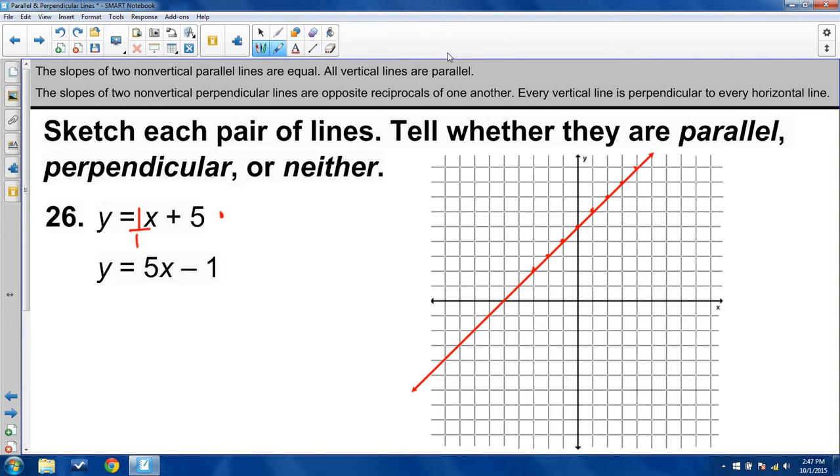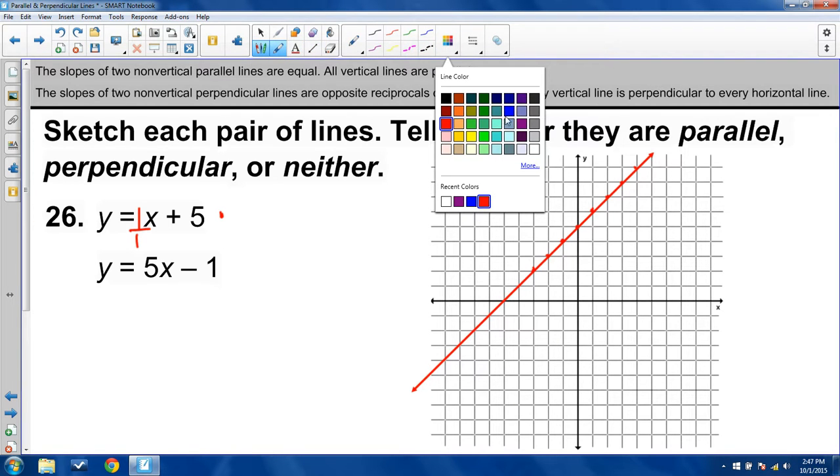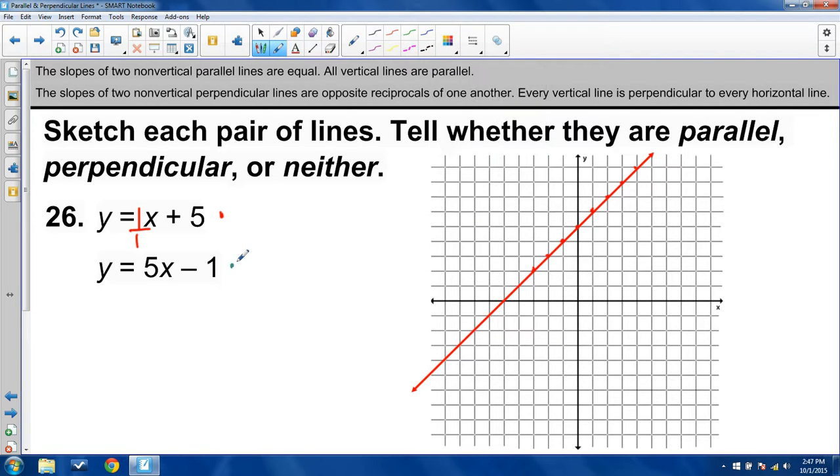The second one here, let's use a color I don't use very often. Let's use this blue. 5x minus 1. That's 5/1. So starting at negative 1 here. You know what? No wonder I use other colors. They're a lot easier to see. And I got to go up 5/1. Up 5/1. Notice how this slope is a lot steeper than the first one.